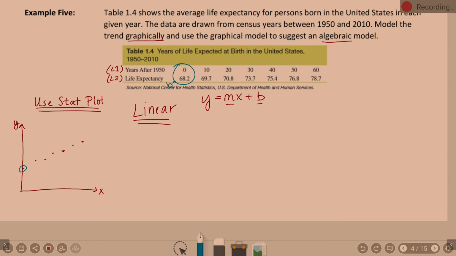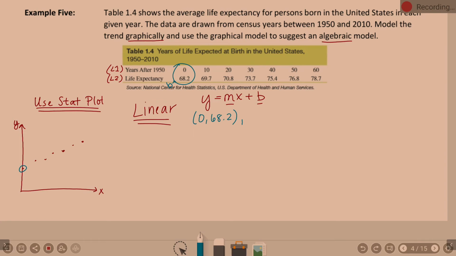Okay, so what I will say is as you try and find your equation, use that as one of your points. Use the ordered pair of 0, 68.2 as one of your points. Now, in terms of what other point to use, trying to visualize the line, it technically doesn't matter.